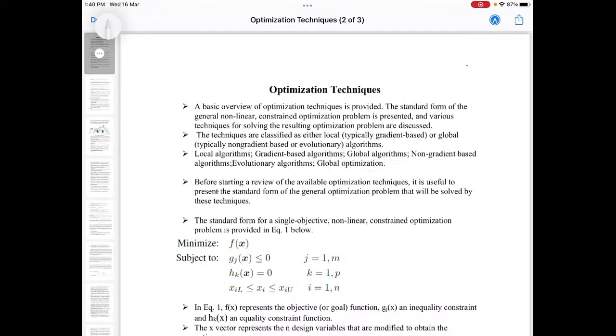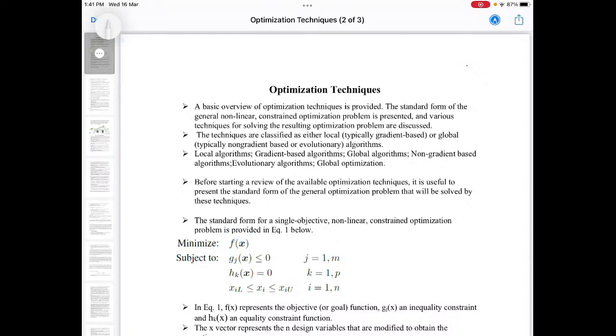Before we start a review of the available optimization techniques, it is useful to present the standard form of the general optimization problem that will be solved by these techniques. So let us see what is meant by a general optimization problem. The standard form of a single objective non-linear constrained optimization problem is shown below.